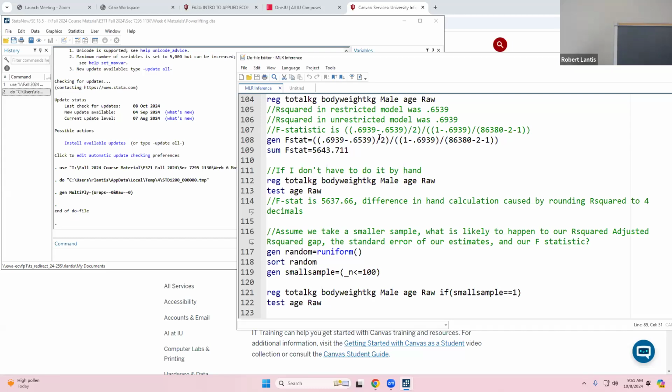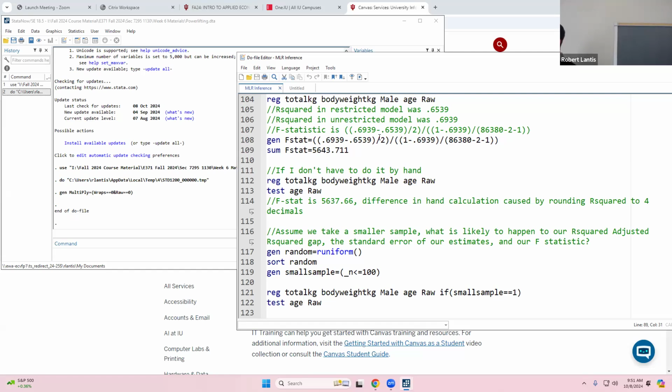This was the number of variables that we are including in our unrestricted model that weren't in the restricted, or the number of variables in our new model compared to the one where we only had a smaller subset of variables. We call this the number of restrictions, or basically the difference between the number of variables in the two models.